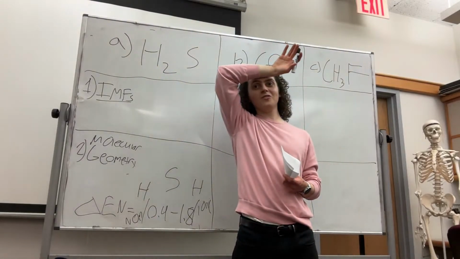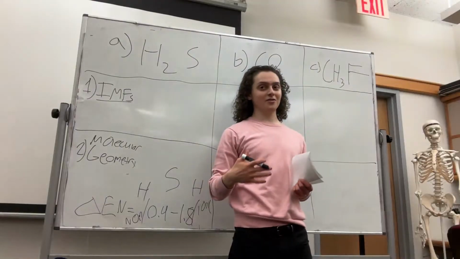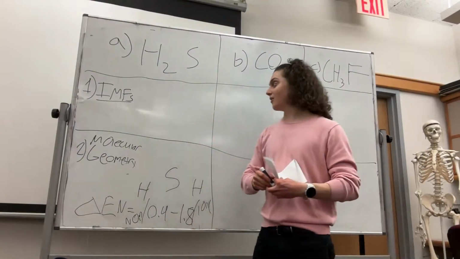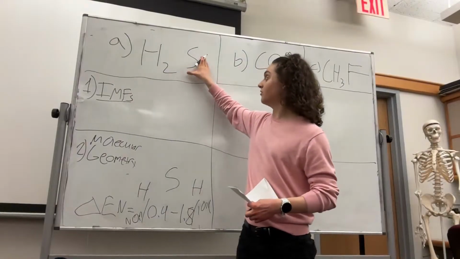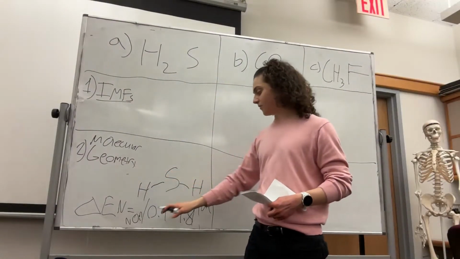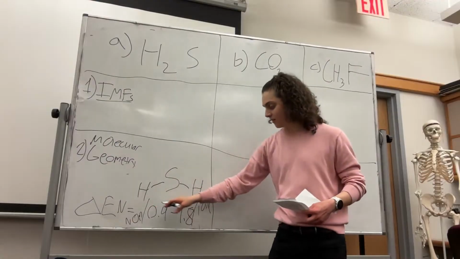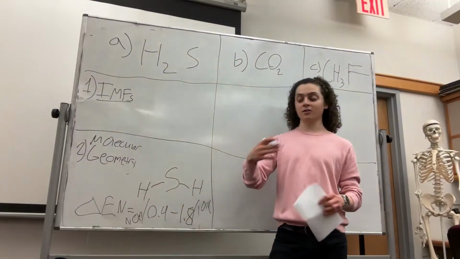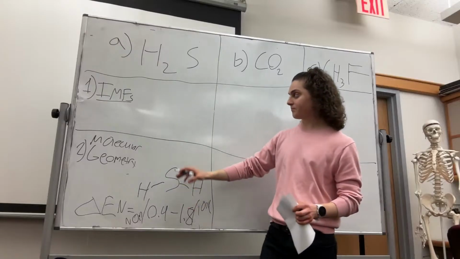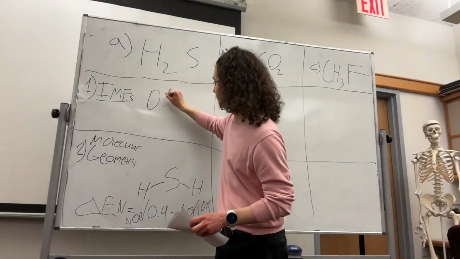Okay, but what does that actually mean for the strength of the IMFs and for the type of IMFs? For that, once you realize these are polar bonds, right? H to S, the difference in electronegativity is in this range. It's bigger than a non-polar covalent bond. You're going to say dipole-dipole.